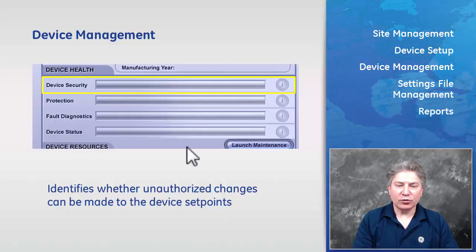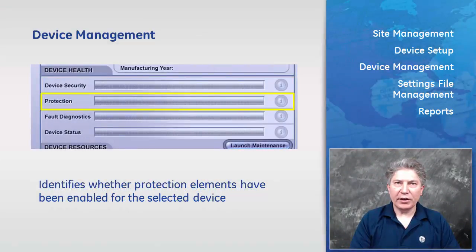If the bar here is red, then neither one of the features are preventing us from unauthorized access. If it's yellow, one of the two features are preventing unauthorized access. If it's green, then both security features are enabled, preventing unauthorized access. And gray means that the security features are not applicable for the connected to device.